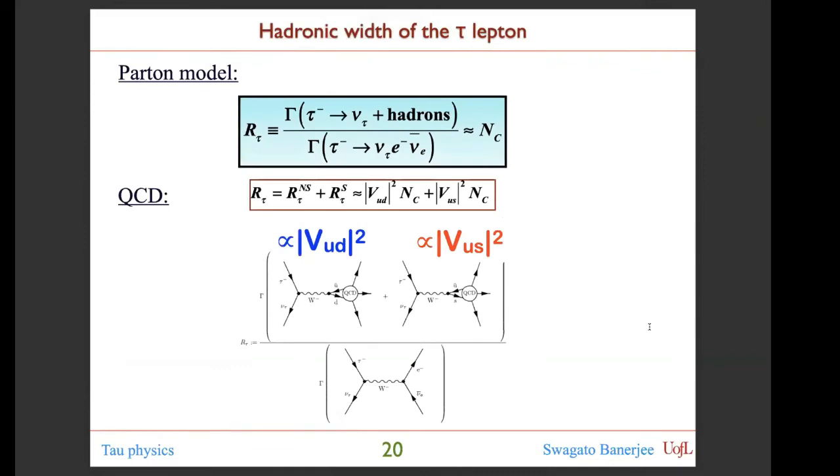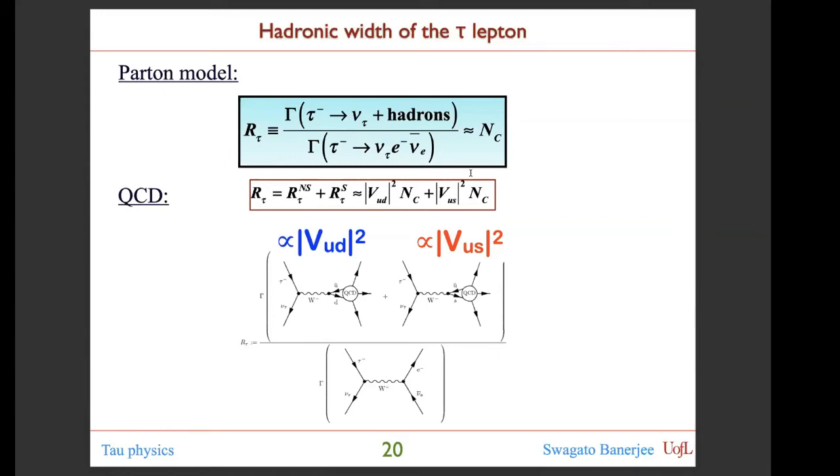So here is how the calculation for the extraction of Vus from tau decays proceeds. We look at the R quantity, which is defined as the ratio of the widths for the tau decaying into hadrons normalized to the tau decaying into electron, which according to the naive expectation should be around 3. However, we have QCD and QED corrections, which make it different from 3.